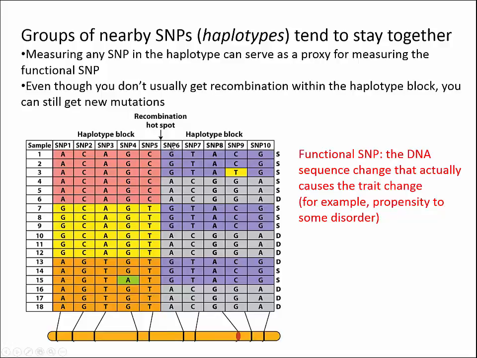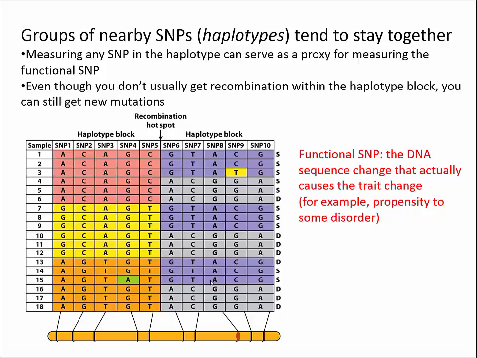These SNPs 6 through 10 tend to stay together, and so you do not get recombination between these individuals. Now, there is some kind of disease we are following here. SNP 8 is actually the functional SNP. That is the change in the sequence that causes the susceptibility for some disorder.